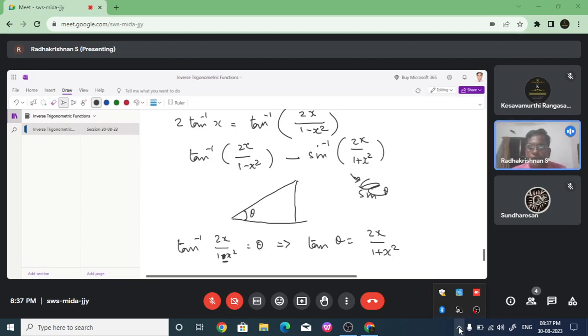Let us say that is equal to theta. That means tan theta is 2x by 1 minus x square. So that we can draw here. That is your theta. Now you see, 2x whole square plus 1 minus x square the whole square. You take the square root. What will you get?